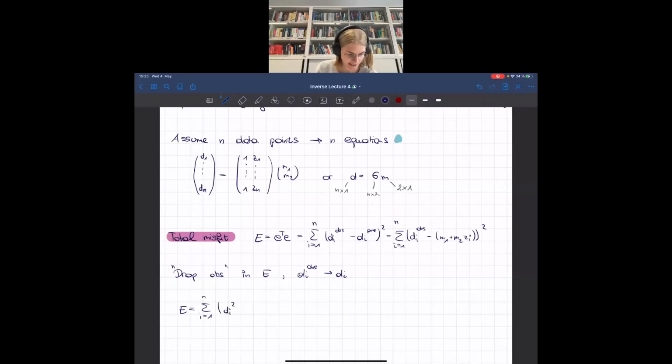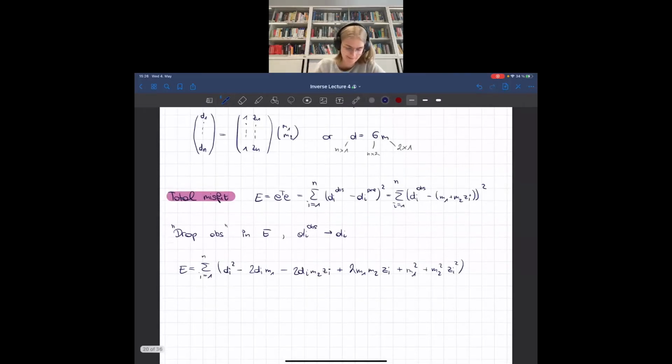In here we have di squared minus 2 di m1, 2 di m2 zi, then we have 2 m1 m2 zi, m1 squared and m2 squared zi squared. If you do not believe me, you can do the calculation on your own, or you should do it. You should not believe me.